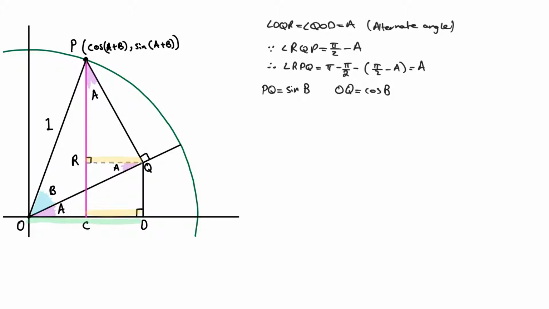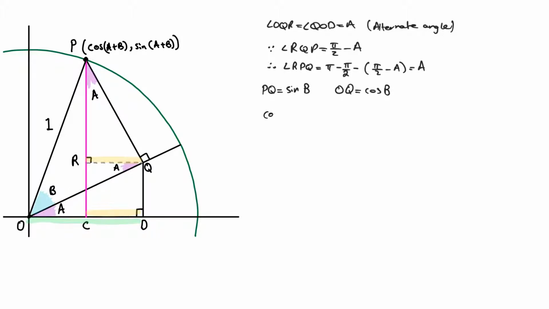Now, we're going to use two different triangles here, this triangle and this triangle. We're going to use this one to find a ratio that defines OD. We know that cosine of A is going to equal OD, the adjacent side, over OQ. So let's write that down.